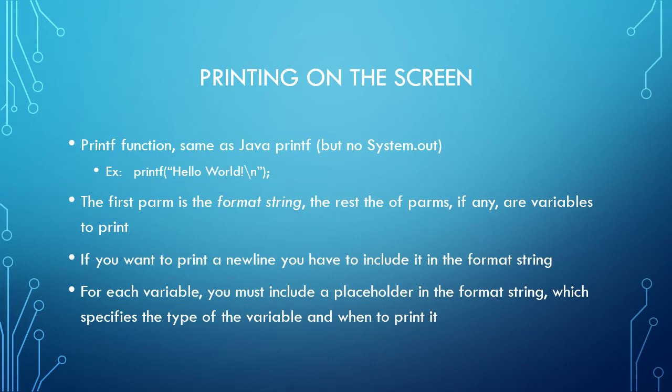In that case, the first parameter is the format string, and the rest of the parameters are the variables that we want to print. As I said, if you want a new line, you have to include it in the format string. Now, to add variables to your printf, you have to include a placeholder in the format string for each variable. And the placeholder says what type of variable you want to print and where in the string do you want to print it.